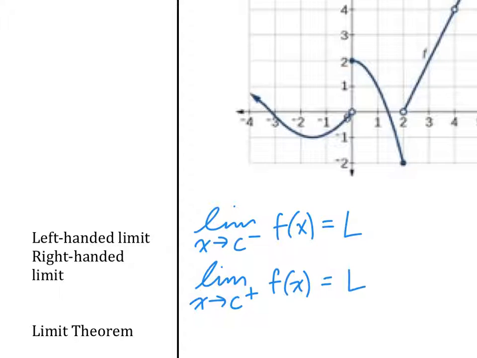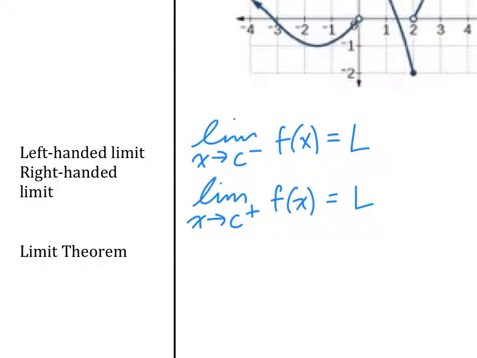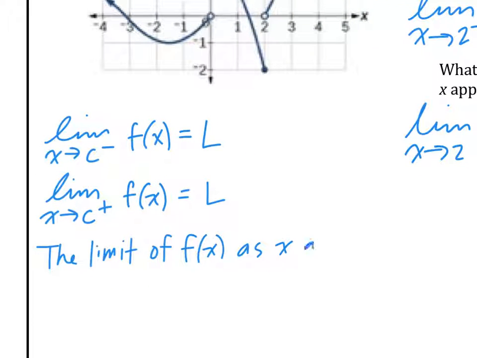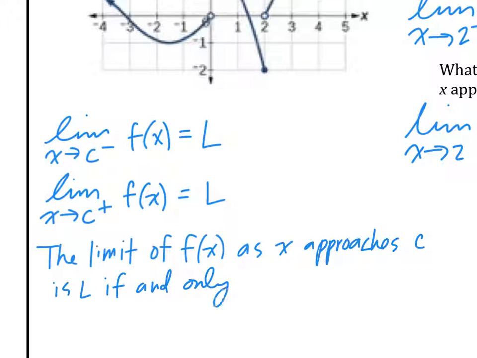Now this next part is the very important part. This you gotta memorize. The limit theorem. The limit theorem says the limit of f of x as x approaches c is L if and only if.